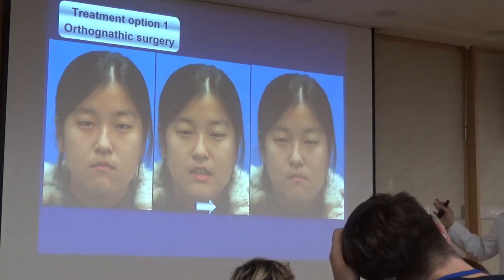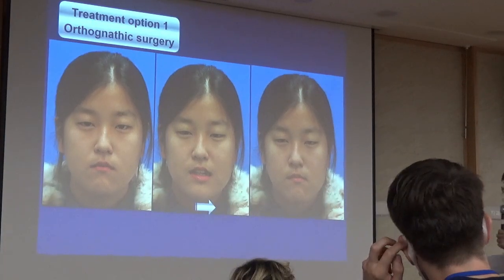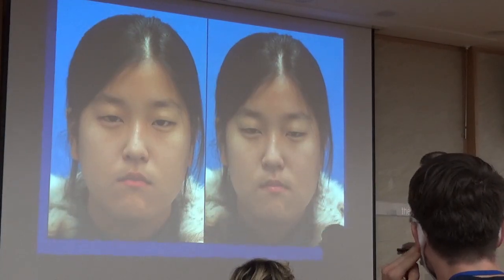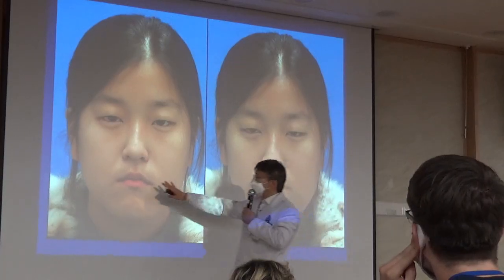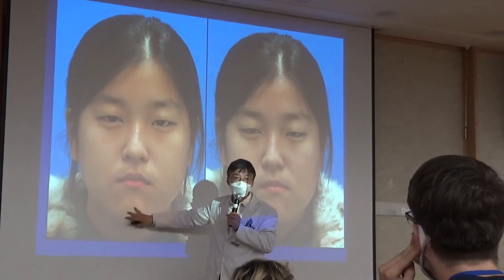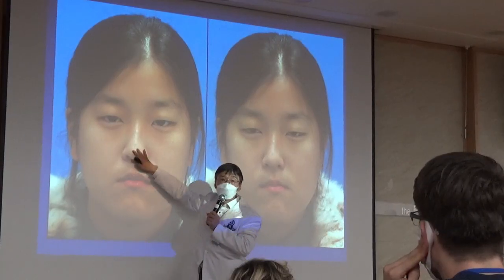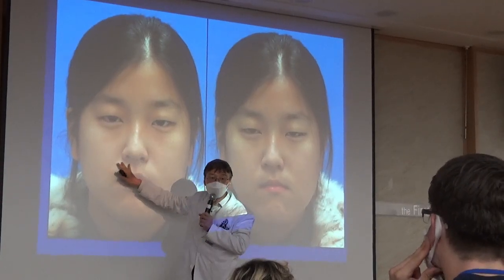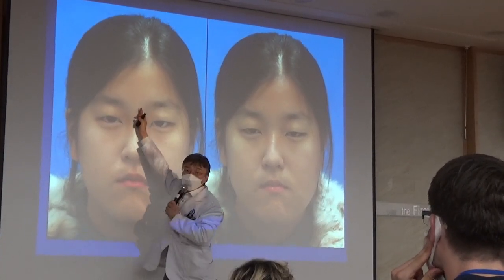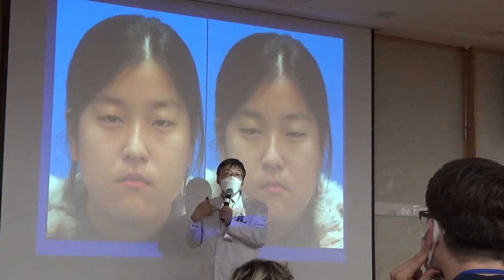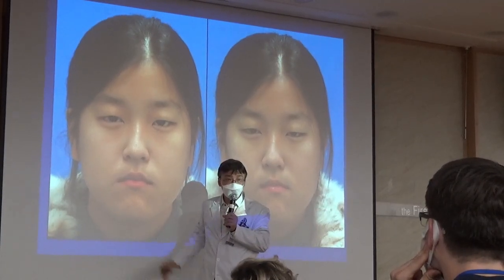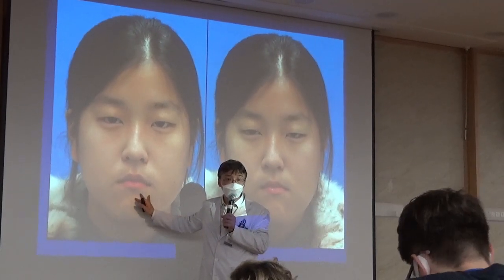So no surgery, and our treatment will be like this. Even if the menton is deviated, just because the nose ridge is also deviated to that side, I'll take this facial midline as our treatment midline in this case. Do you agree? Okay.